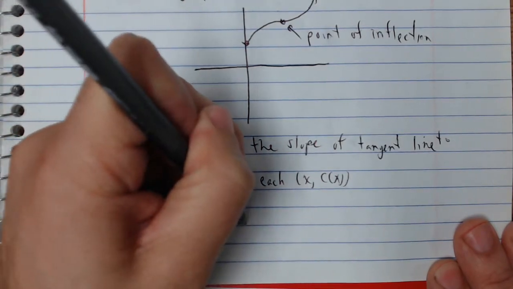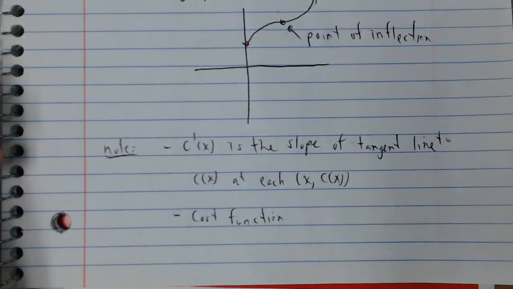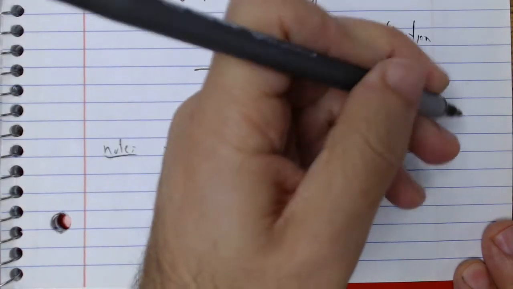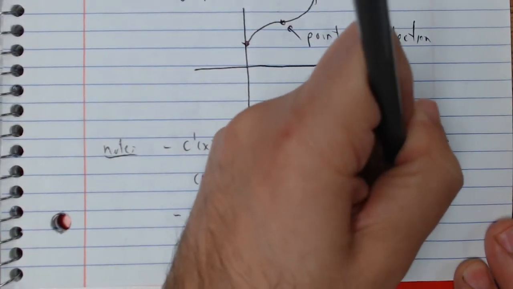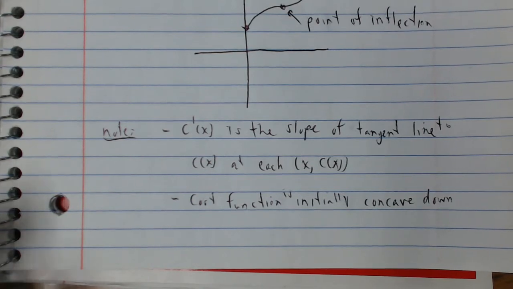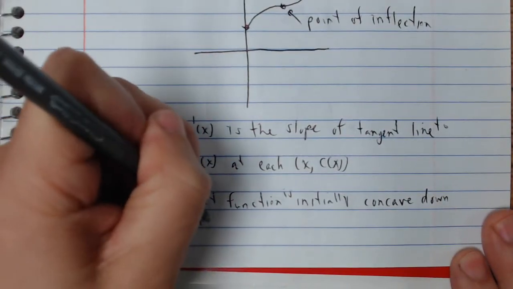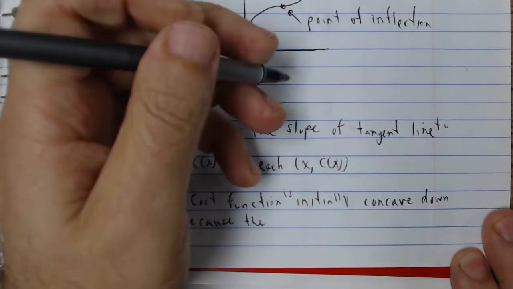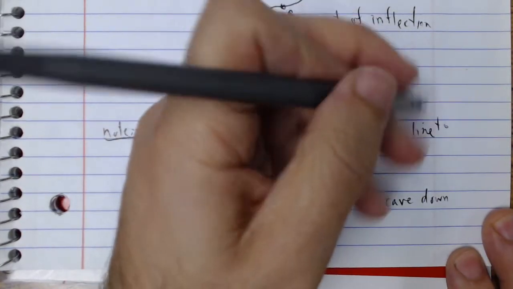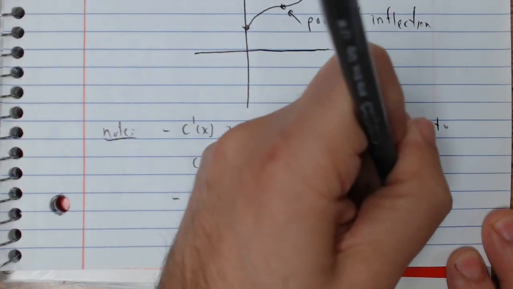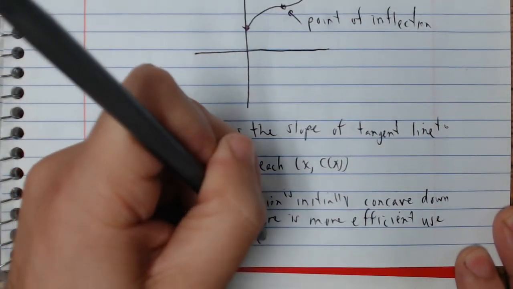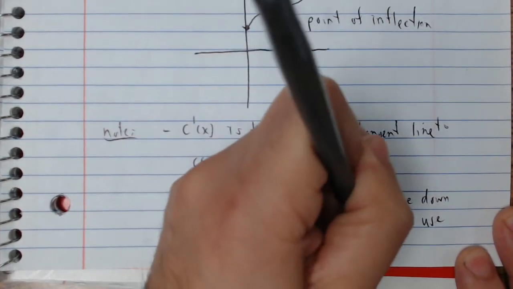Okay, so the next comment, which I already mentioned, is that the cost function is initially concave down. Now the reason why it's concave down is because there is more efficient use of fixed costs of production.